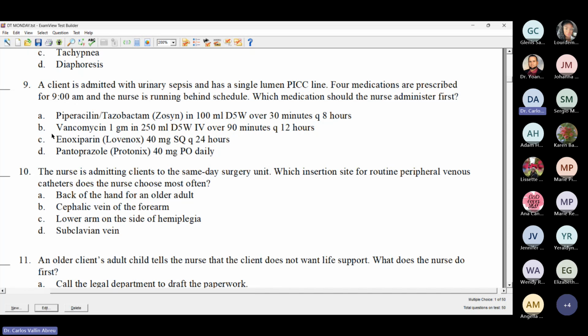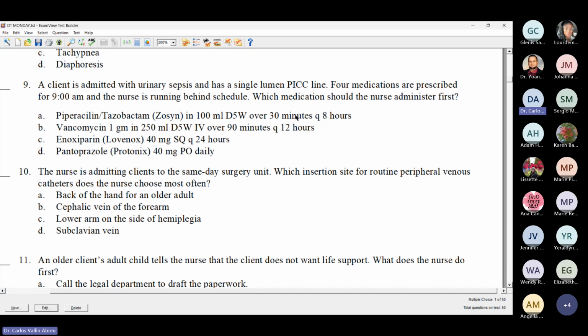This is some of the questions that the exam can make. For people that don't have experience working as a nurse, this kind of question could be very challenging, okay. So summarizing, I start at 9 my Zosyn IV through the only IV line that I have. And while the Zosyn is passing, I'm going to give the enoxaparin, that is just a second, subcutaneous, and the pantoprazole oral, which is another second.